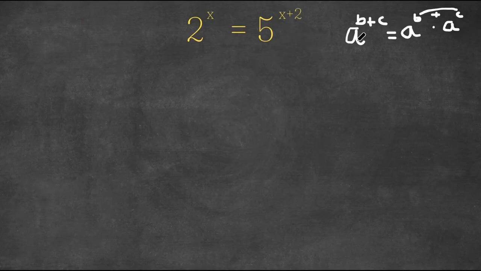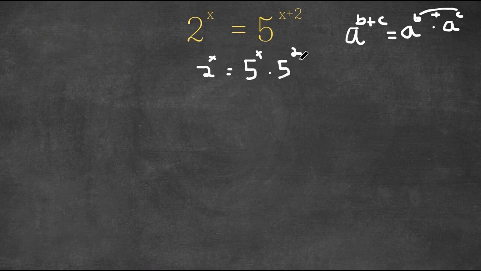So 5 in this case is a, right? So we have 5 to the power of b is x, times 5 again to the power of c, which is 2. And this is still equal to 2 to the power of x.